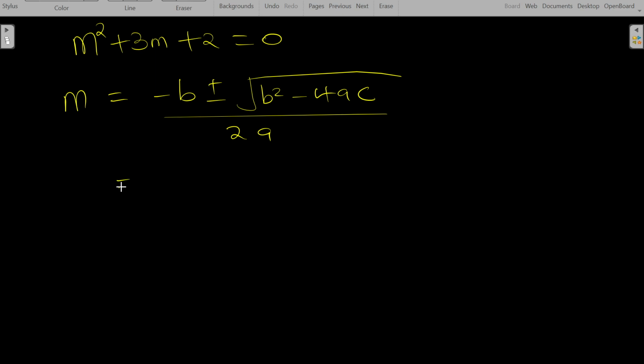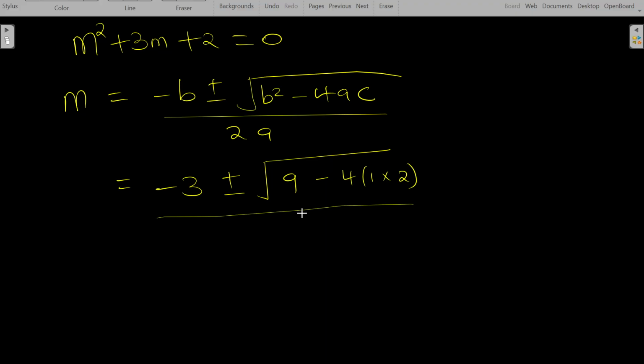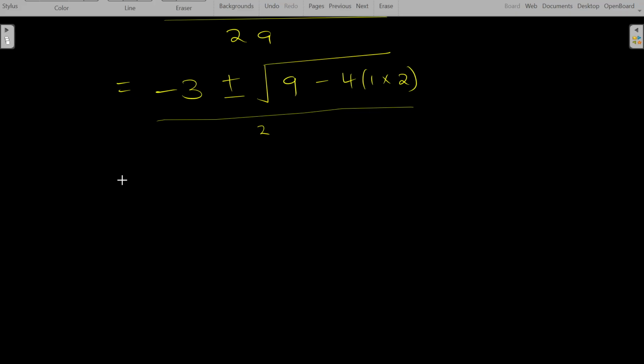So it will be minus 3 plus or minus the square root of b squared, which is 9, minus 4 multiplied by 1 multiplied by my value of c, which is 2. Then I divide all this by 2, so I get minus 3 plus or minus the square root of 9 minus 8, which is 1, and the square root of 1 is 1, divided by 2.